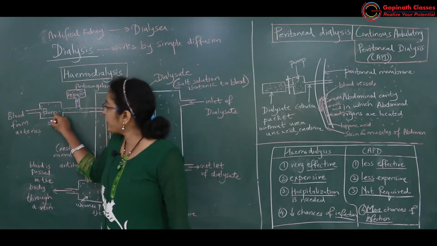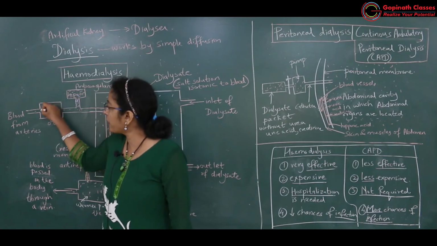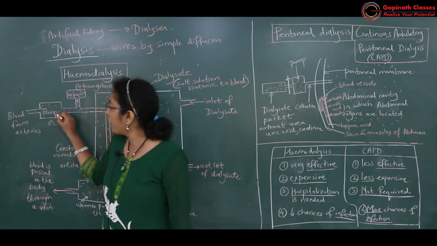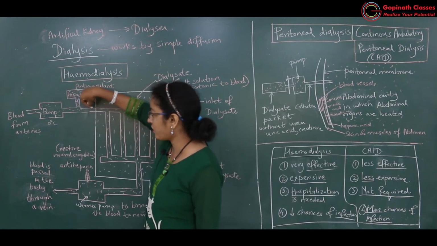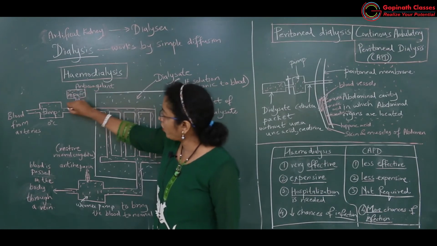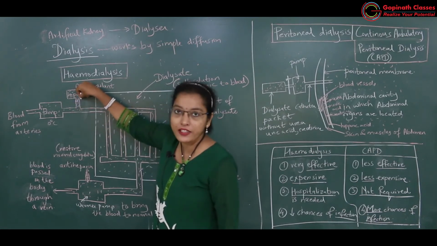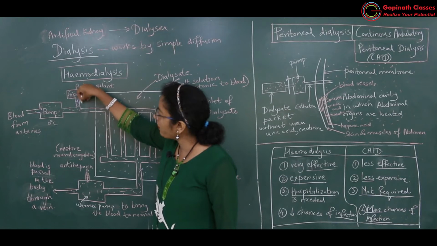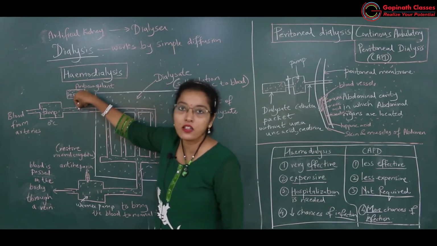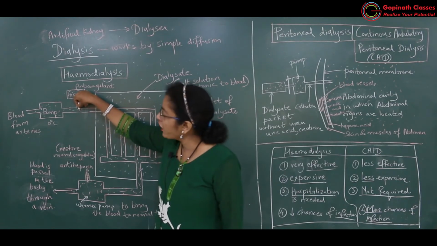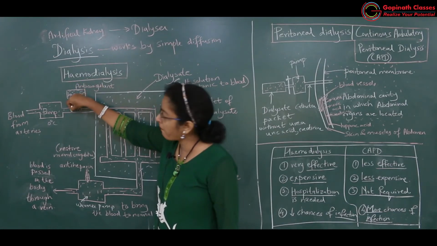The temperature of the pump is kept at 0 degrees Celsius, and when the blood gets filled in the pump, this blood will enter the catheter. This tube-like structure is known as the catheter. When the blood enters the catheter, at one end you can see one tube attached, and through that tube heparin enters the blood.